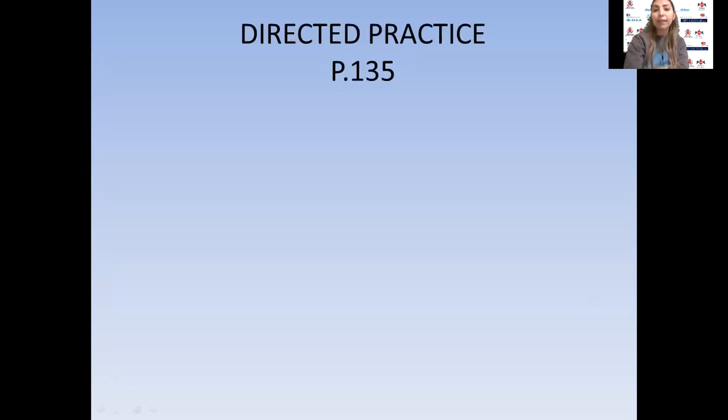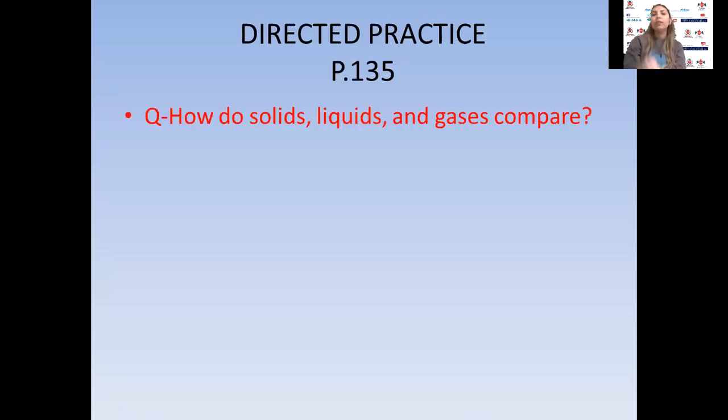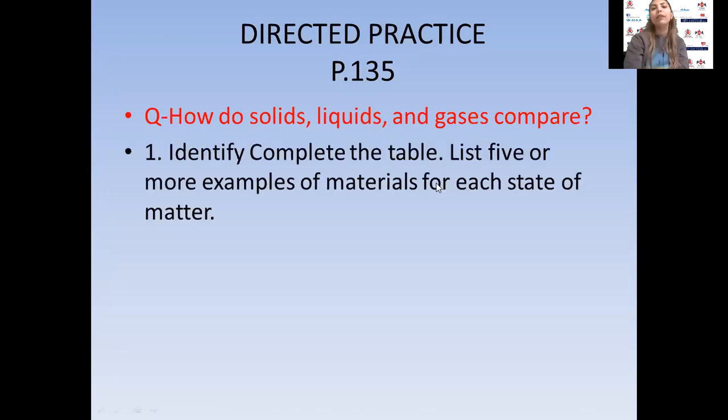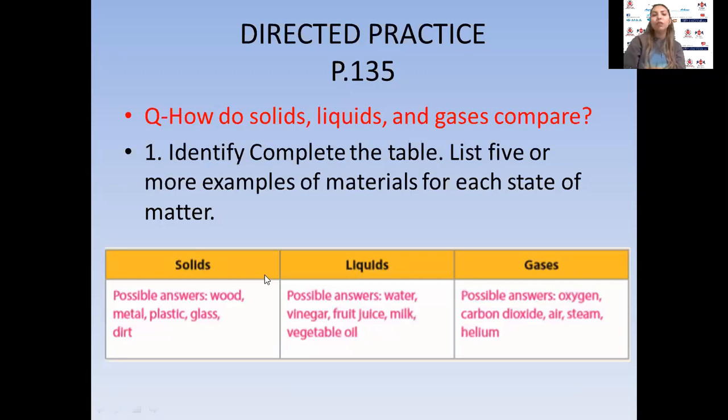We have practice, page 135. How do solids, liquids, and gases compare? If we want to compare solids, liquids, and gases, what can we do from our knowledge? Number one, complete the table: list five or more examples of materials for each state of matter, as you said. Solids may be wood, metal, plastic, glass, you said chair, desk, right?